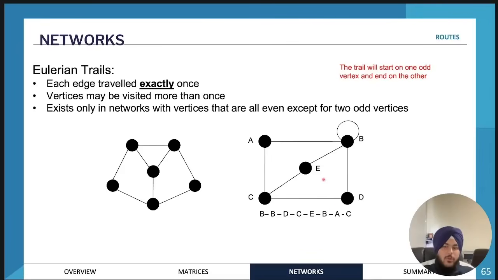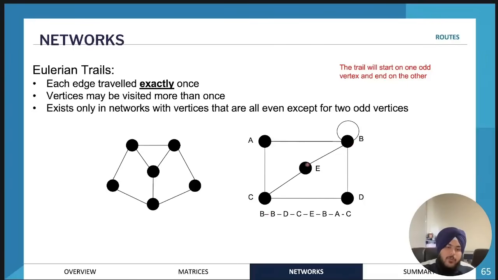The way that you go about formulating an Eulerian trail is you start off with the vertex that is odd, and you end up with the other vertex that is odd. Because remember, there's only going to be two odd vertices, the rest must be even. So you will start with one odd vertex and end with the other odd vertex.